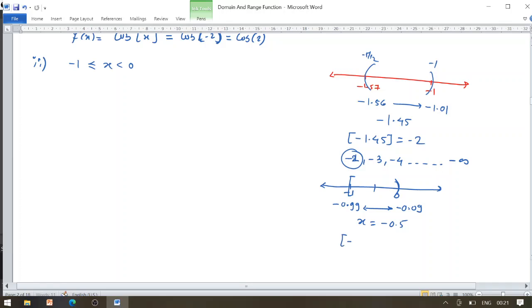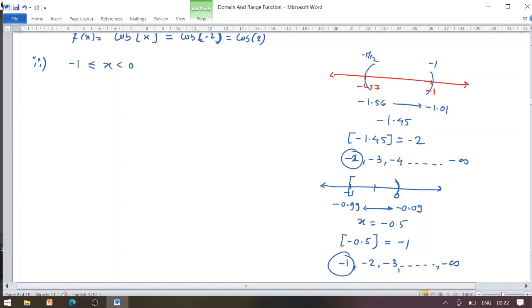So what is the greatest integer not greater than minus 0.5? The integers that are less than or equal to minus 0.5 are minus 1, minus 2, minus 3 and so on up to minus infinity. Among them, which is the greatest integer value? It becomes minus 1.